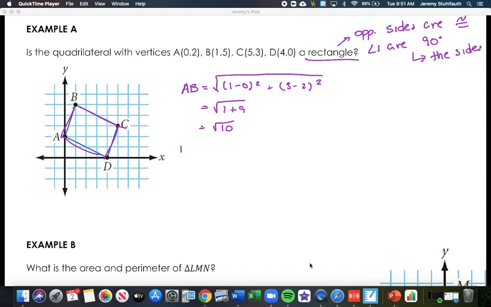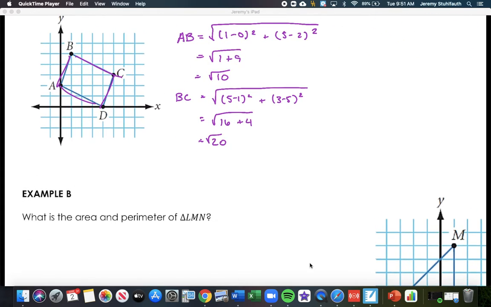Now we need to find the length of BC. BC is going to be equal to the square root of 5 minus 1 squared plus 3 minus 5 squared. That gives us 4 squared is 16, plus negative 2 squared is 4, so the square root of 20.